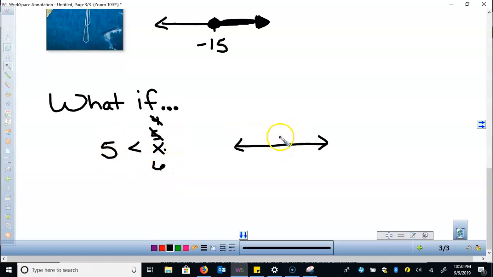So how do I represent all possible answers, knowing that 6 is also a solution in the solution set? We're going to start with our for sure fire number. Okay. We know it cannot be equal to 5, so it's going to be an open circle, but x can equal 6, and that means it's going to go to the right.